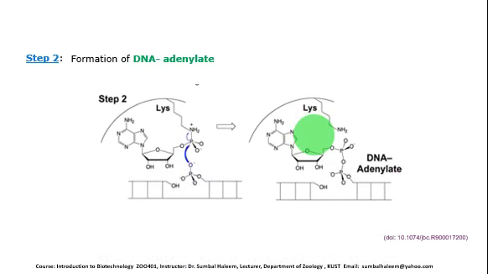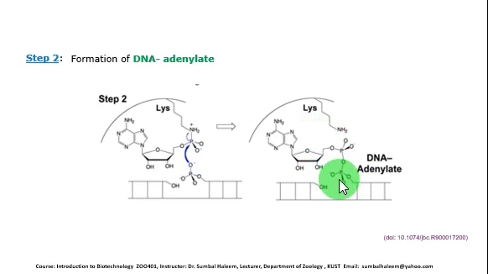In the second step, the formation of the DNA adenylate occurs. How? In this step, the AMP is transferred to the 5' end. Here you can see the AMP is transferred to the 5' end of the 5' phosphate terminated DNA strand to form a DNA adenylate complex.